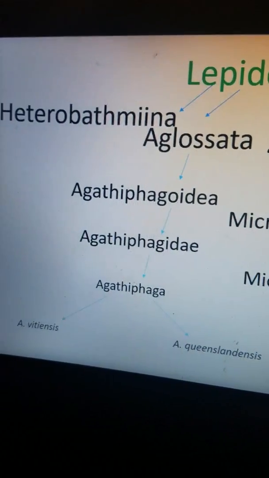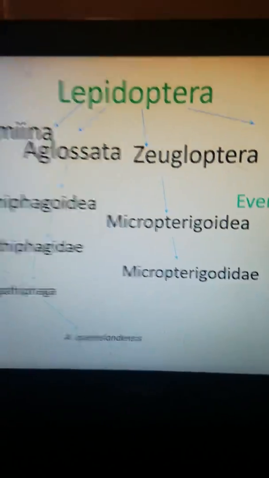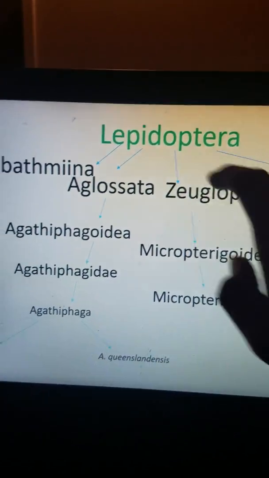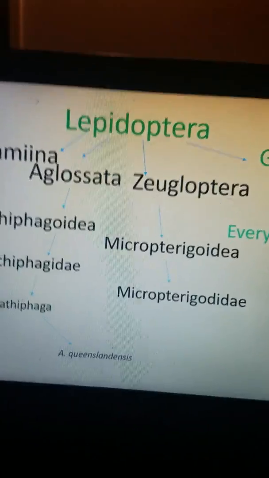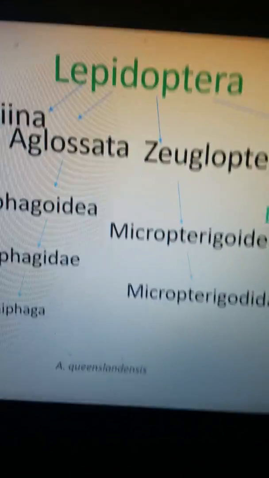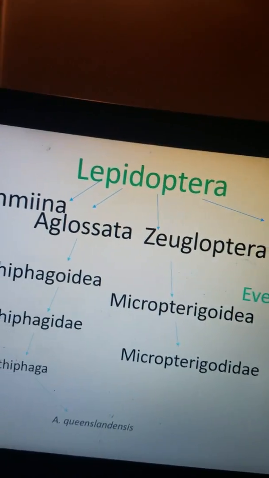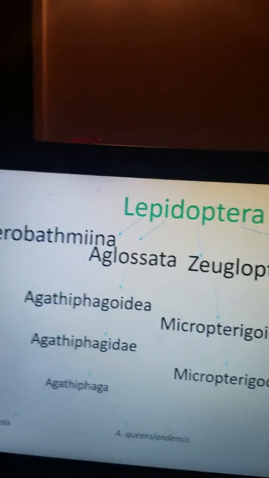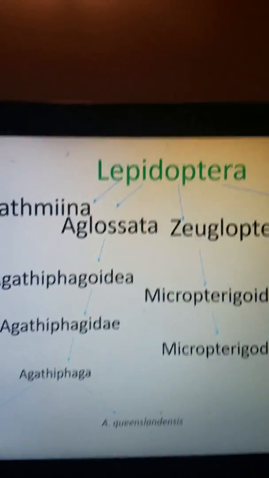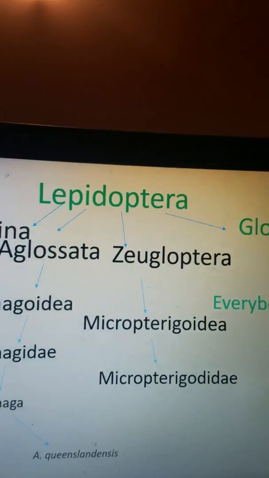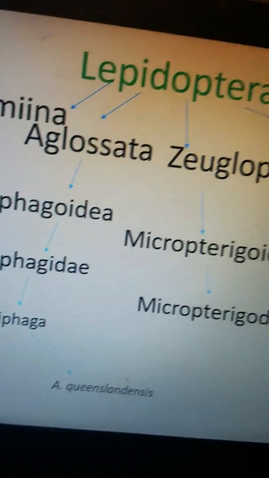The Aglossata, Heterobathmiina, and Zeugloptera, by the way, used to all be grouped as one. The molecular evidence has split them, but they used to all be grouped as one because they don't have the mouthparts of the Glossata.